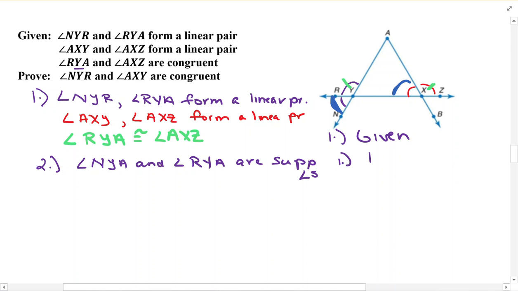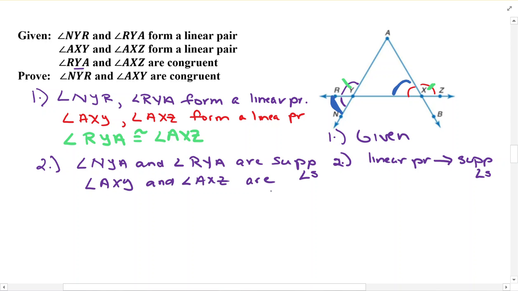And that's because a linear pair gives us supplementary angles. But by that same reason, we know that angle AXY and angle AXZ also are supplementary.